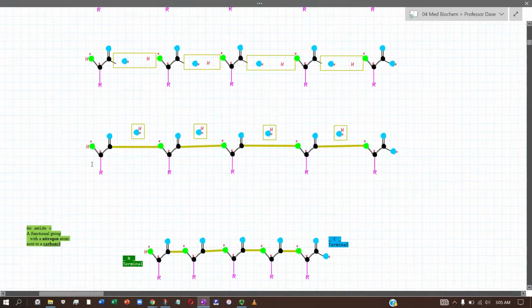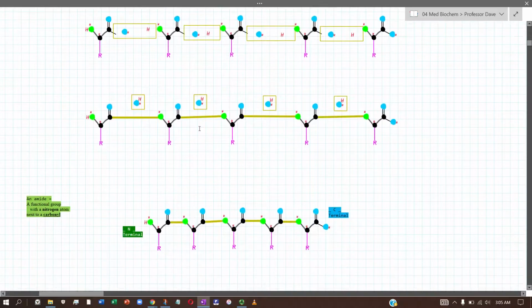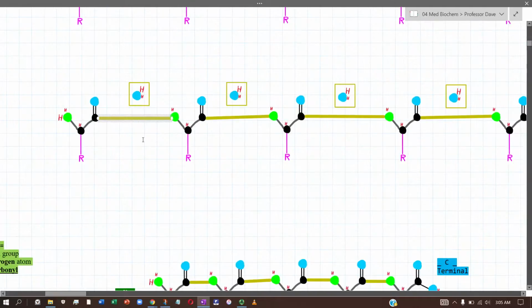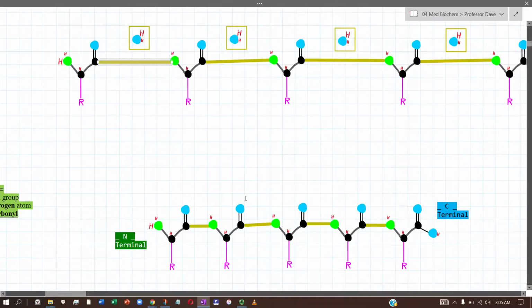This is how you get your polypeptide. So after making this dark yellow bond, it's written in this color instead of gray just to symbolize that this is the new bond that was created. And specifically, it's a peptide bond.